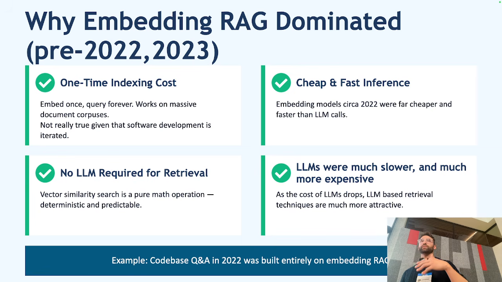I feel like everyone's probably used, in the past year or so at least, some sort of tool like Claude Code or Codex that allows you to say, oh, how does the authentication system work in this code base? Back in 2022, those tools used embeddings primarily, and they didn't use the agentic solutions that everyone uses now.